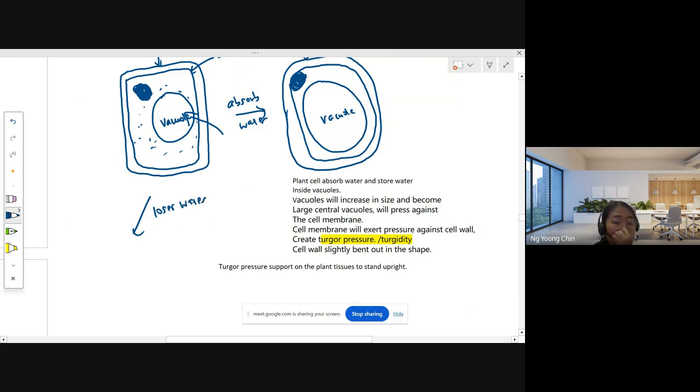They lose water when you place the plant cell, for example, in a hypertonic solution, a very highly concentrated solution. So the plant cell will lose water.